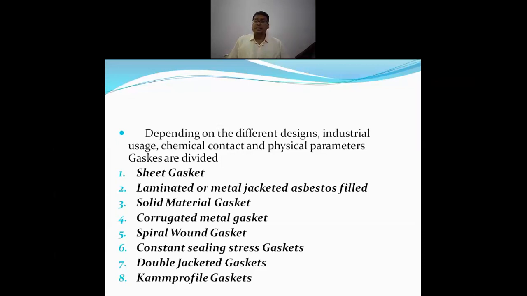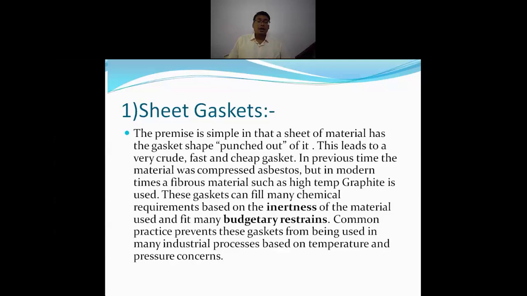When you talk about the sheet gaskets, it is simply cut from the sheets. It is punched out by using simple tools for punching and cutting. These are very crude, fast and cheap gaskets. Cost is low when you cut it from the gasket sheet.